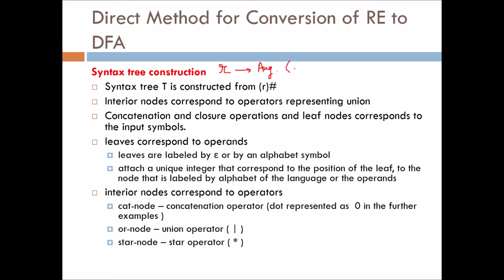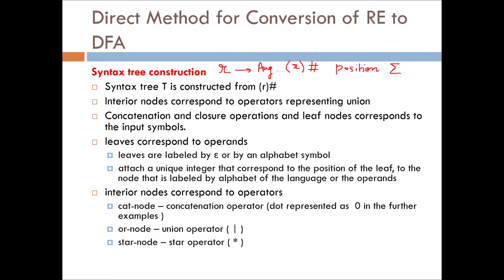This is obtained by appending a hash symbol at the end of the regular expression. After this, we need to allot position numbers to all the symbols in the alphabet. So we'll see this in a moment.